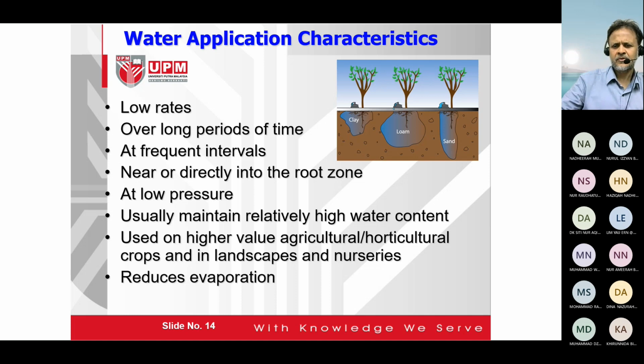We consider it almost circular. If it is uniform soil, it is circular like this. That's why we use this as the wetted diameter, either here or maybe this one on the surface.